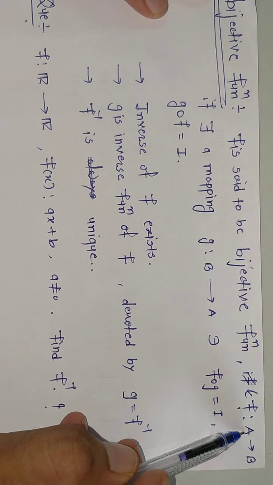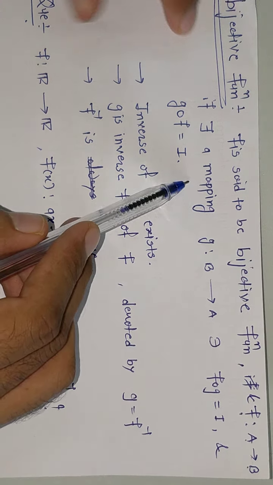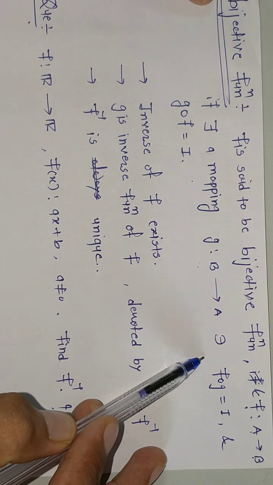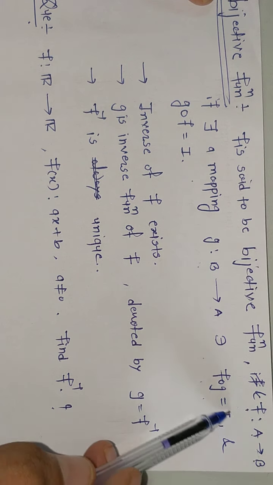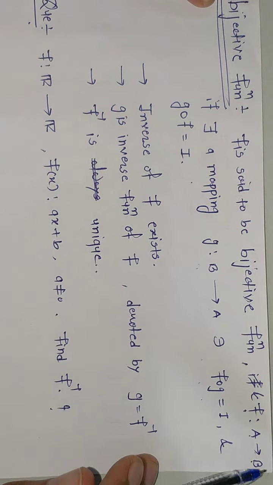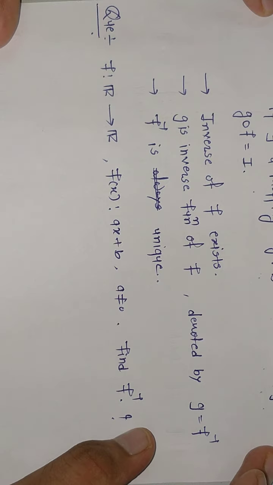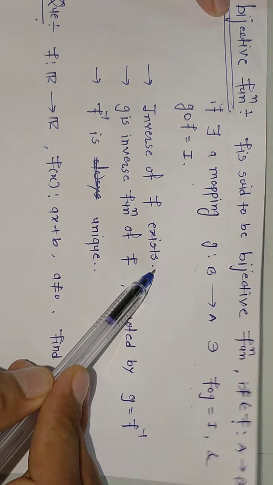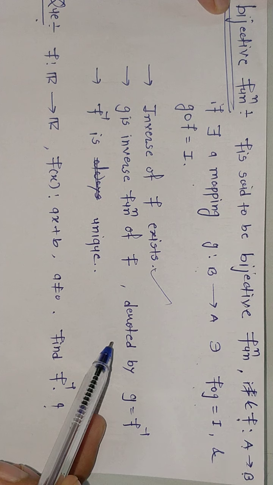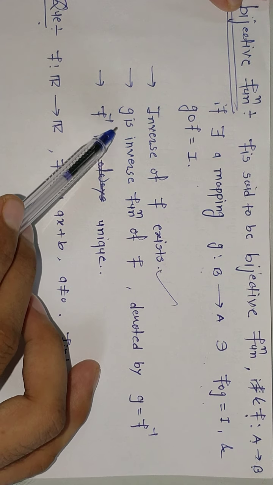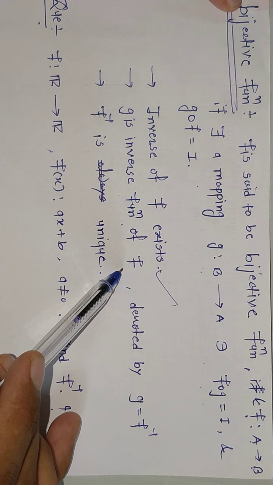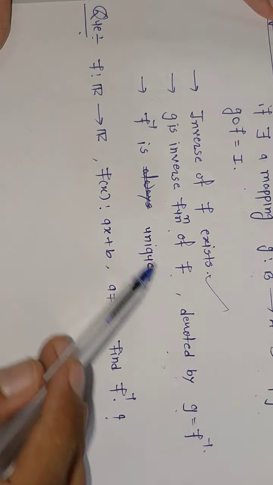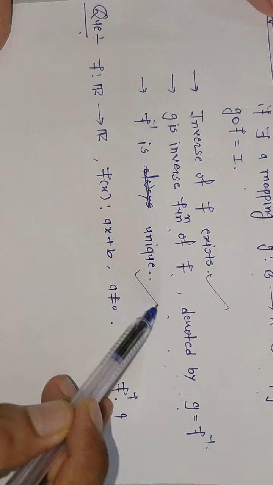See, f is said to be bijective if there exists a mapping g from B to A such that f∘g is the identity function and g∘f is also the identity function. If the function is bijective, then we say the inverse of f exists and g is the inverse of f. We denote it as f inverse. And if the inverse exists, it is unique.